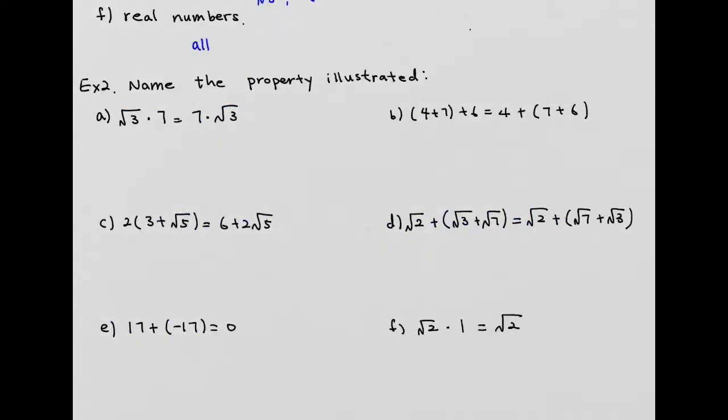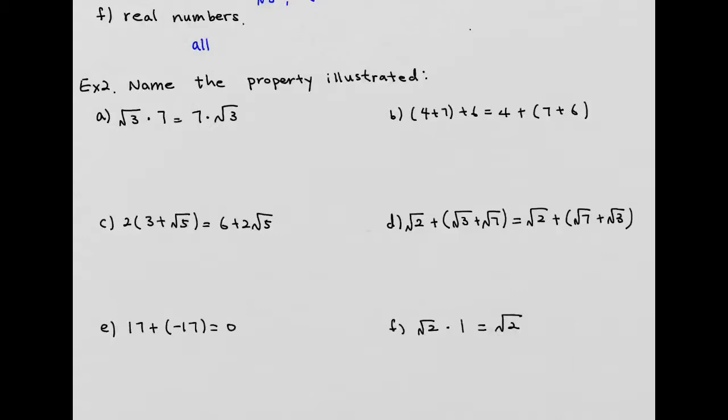Next example, we need to name the property. If you're looking at the textbook, there is a list of the properties that you can go over. So let's see. The first one, we have square root of 3 times 7 equals 7 times square root of 3.